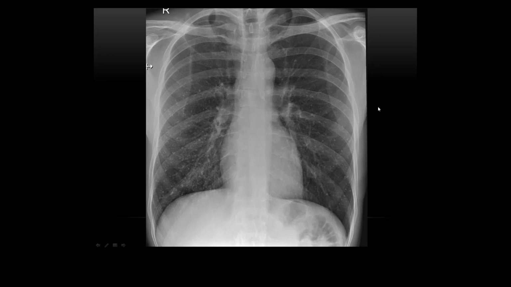Think of the lungs. It could be, but no, because you can have that sort of appearance with interstitial disease. With interstitial disease, you can have what's called reticular shadowing, which is the curly lines.